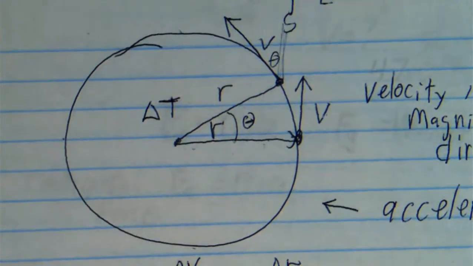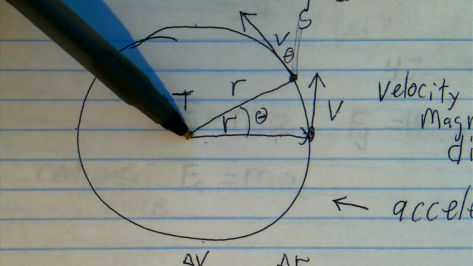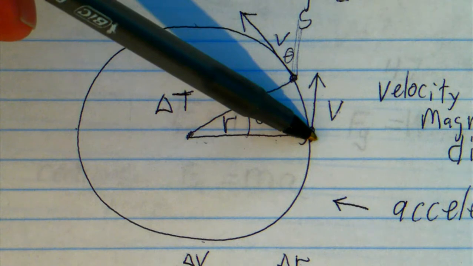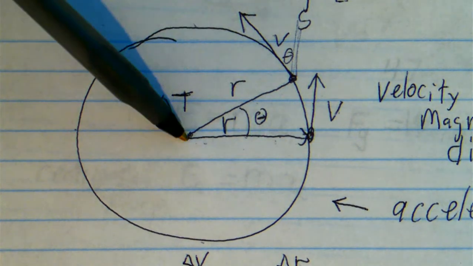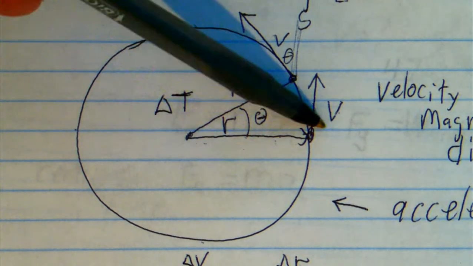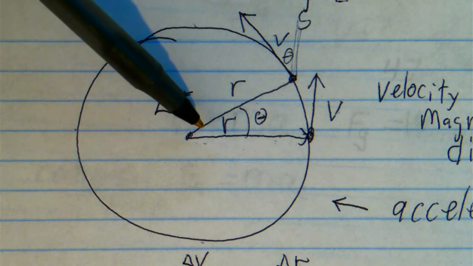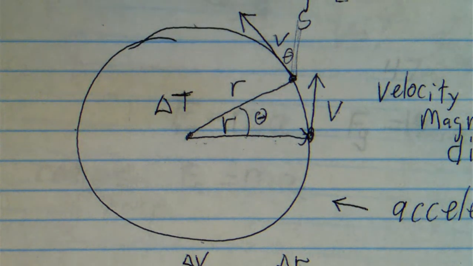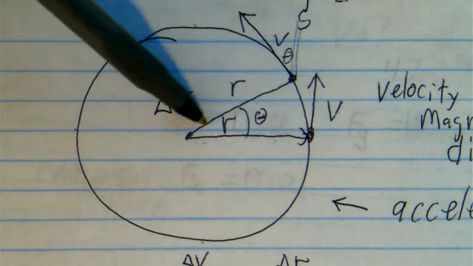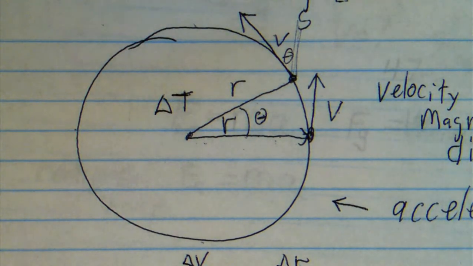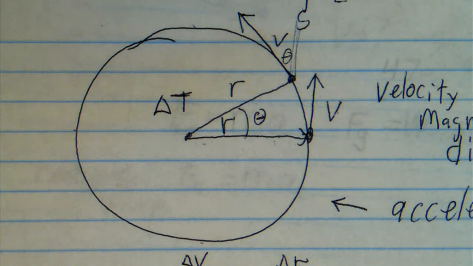I also talked about how if this were the Earth and that were the moon, it's the gravitational pull between the two of them that is supplying the centripetal force. So what should I call it in that situation? Should I call it the centripetal force or should I call it the gravitational force? Well, you can choose.